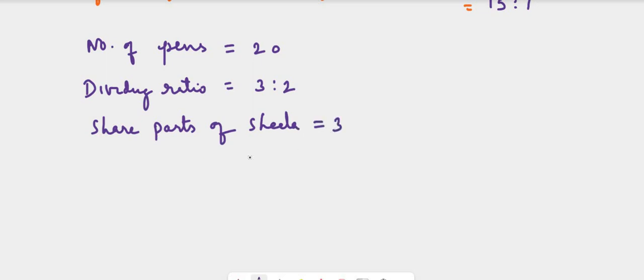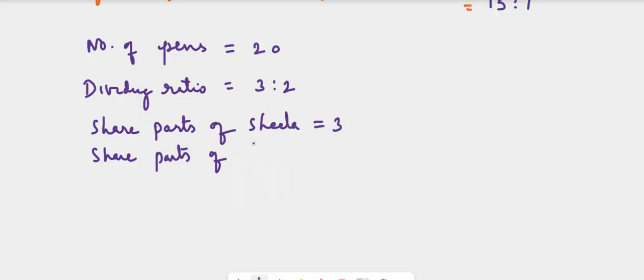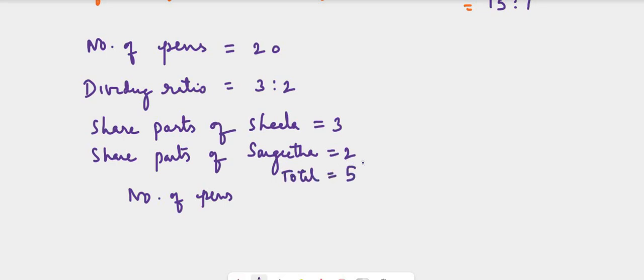Equal to 3. Share parts of Sangeeta 2. So number of pens. Here total 5 parts.